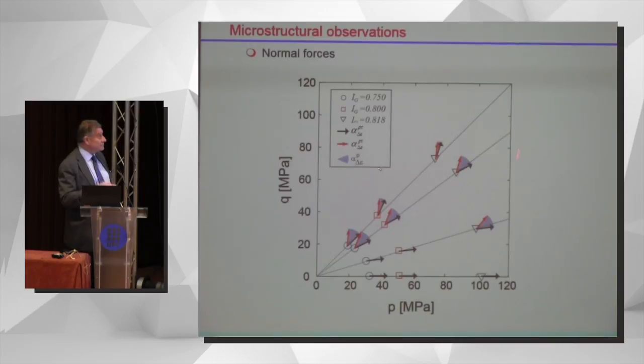So, and I finish, this can be related to macrostructural observations. Here is, again, the direction of plastic strains. The red ones are the structural ones due to the reorganization of the fabric. The black ones are the ones due to crushing for all these radial path samples that we tested.